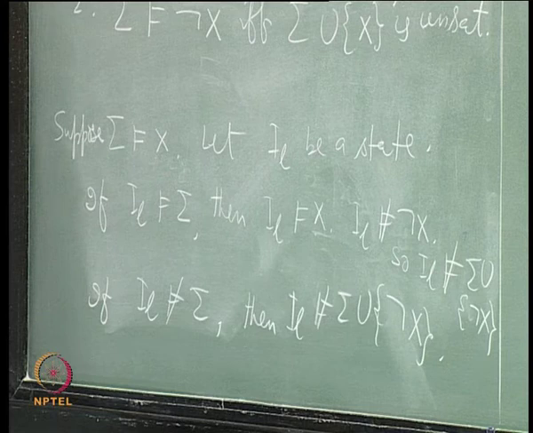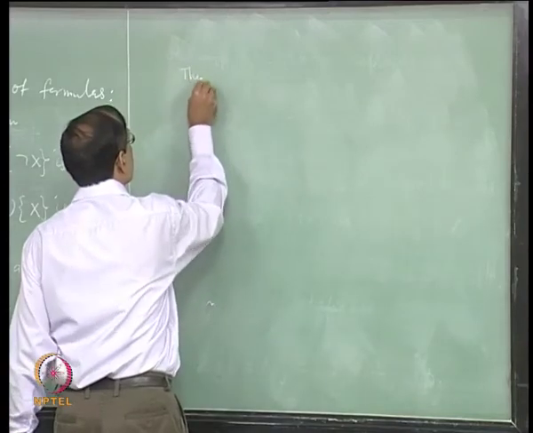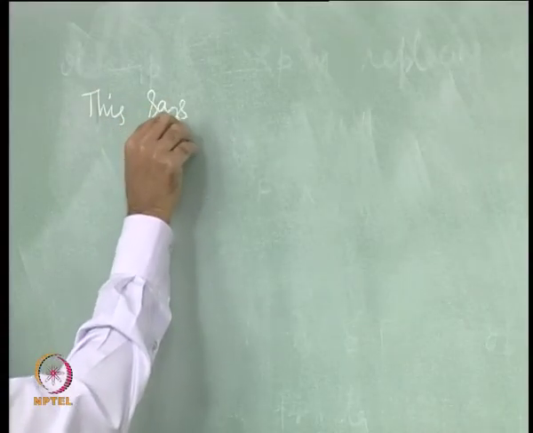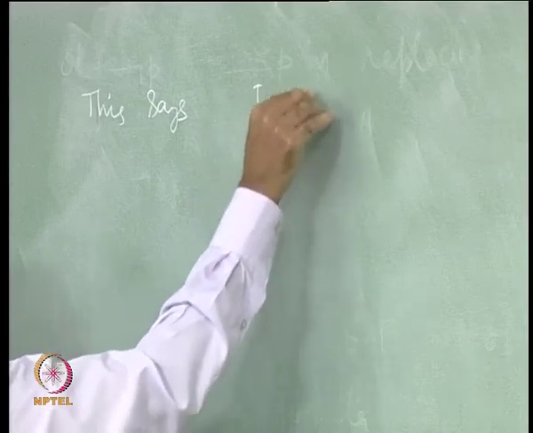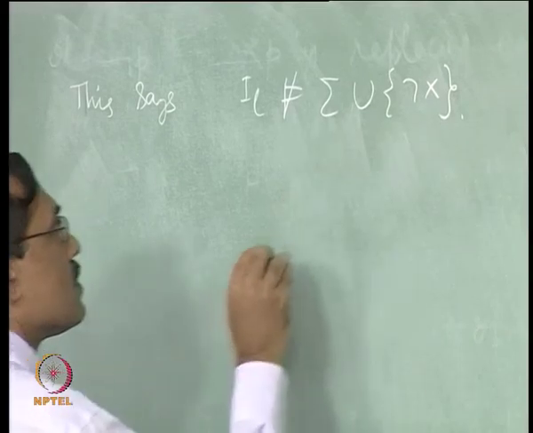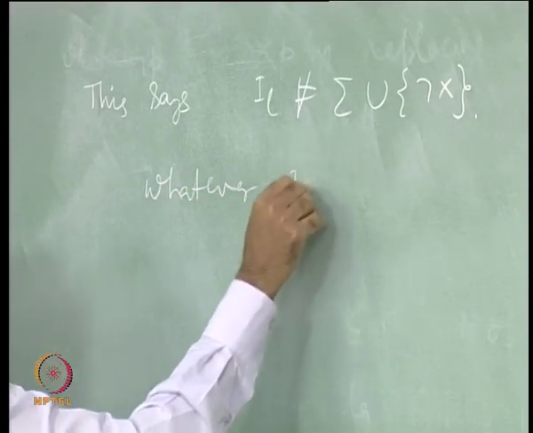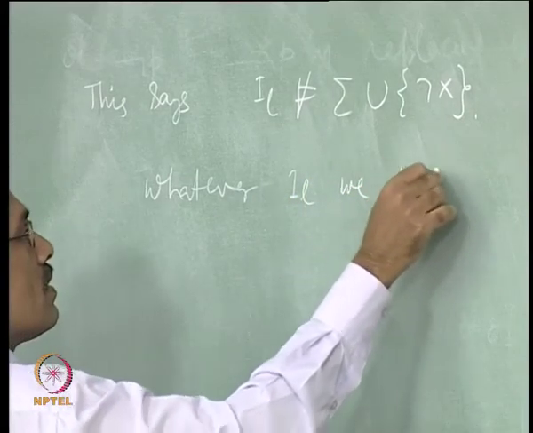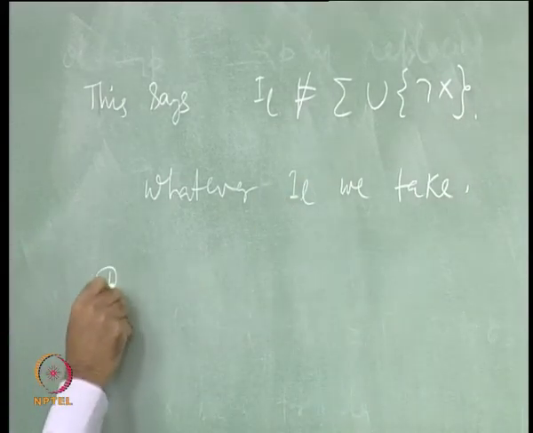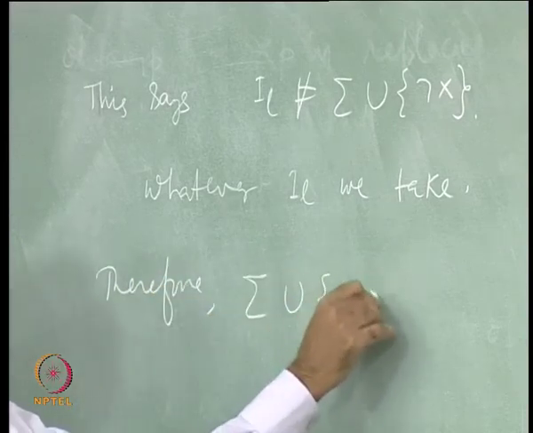Now, give that argument, not before it. Therefore, sigma union not x is unsatisfiable. Is it clear? So, this says IL does not satisfy sigma union not x, whatever be this IL. So, sigma union not x is unsatisfiable.